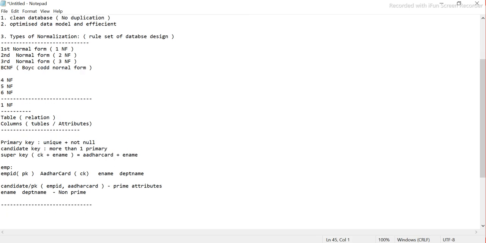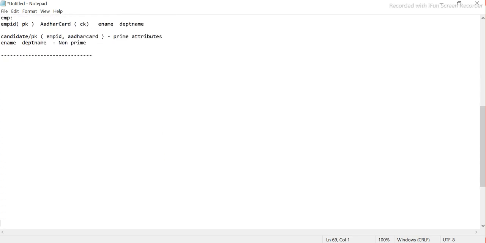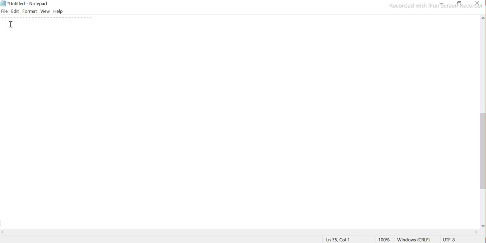All right. Now let's try to understand first normal form. What is first normal form, guys? As I said, the normal forms are nothing but rules, certain rules which are defined by the database designers, the inventors, the people who defined these databases.